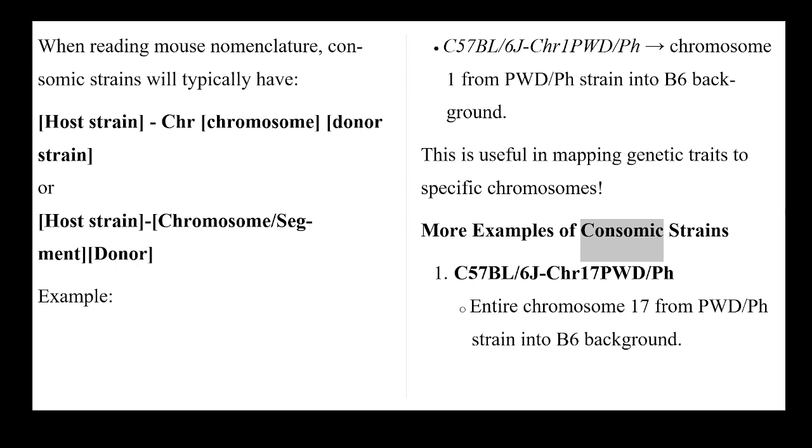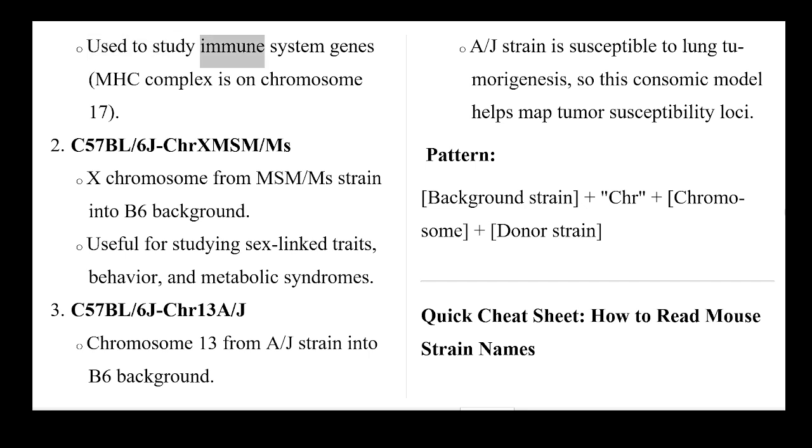More examples of consomic strains. C57BL/6JCHR17PWD/PH: entire chromosome 17 from the PWD/PH strain into the B6 background, used to study immune system genes, MHC complexes on chromosome 17.